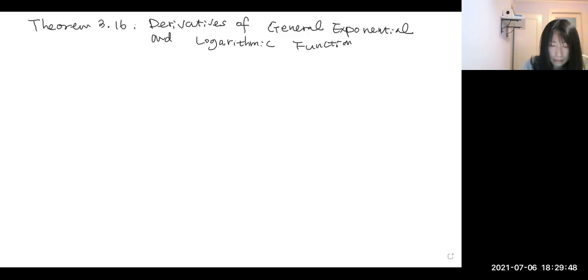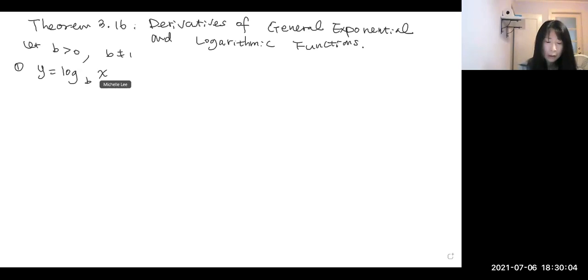Logarithms, the base cannot be equal to 1. Okay, so if y equals log base b of x, okay, then we take the derivative of this one. How do we do?